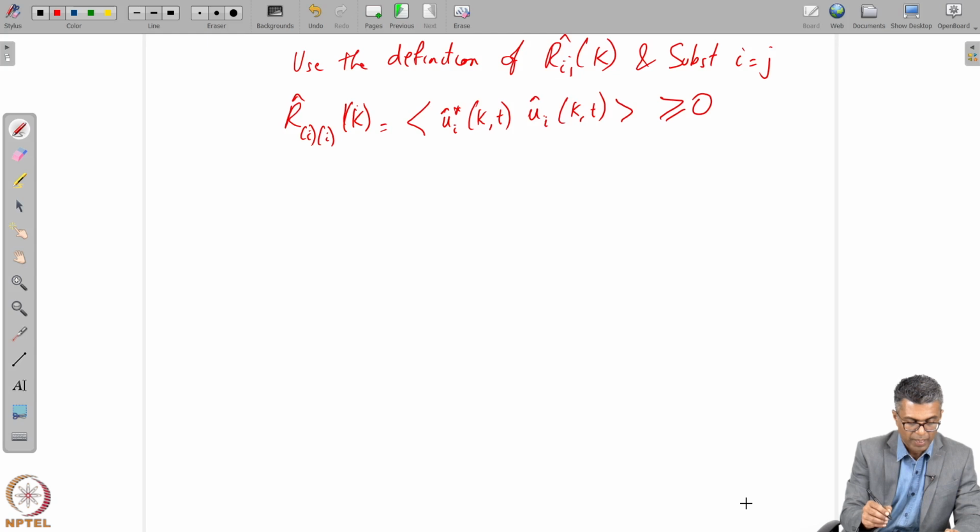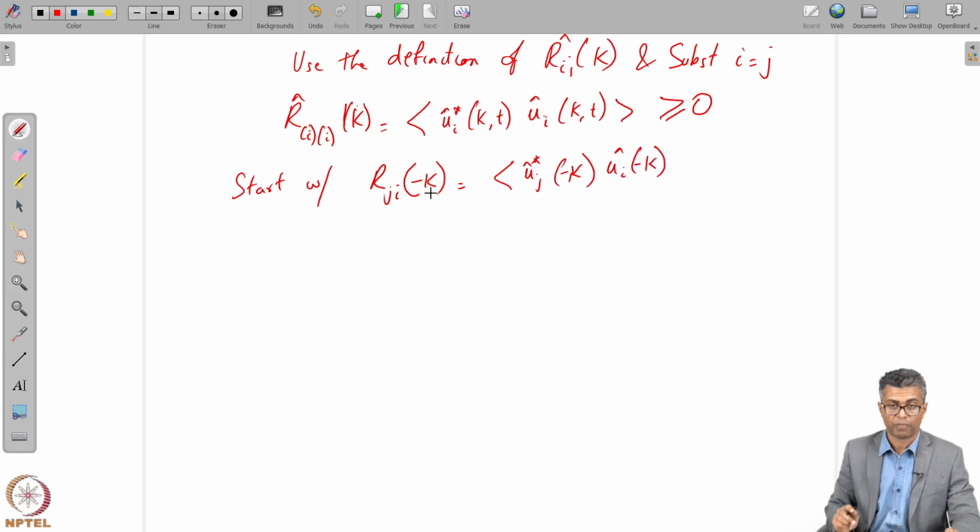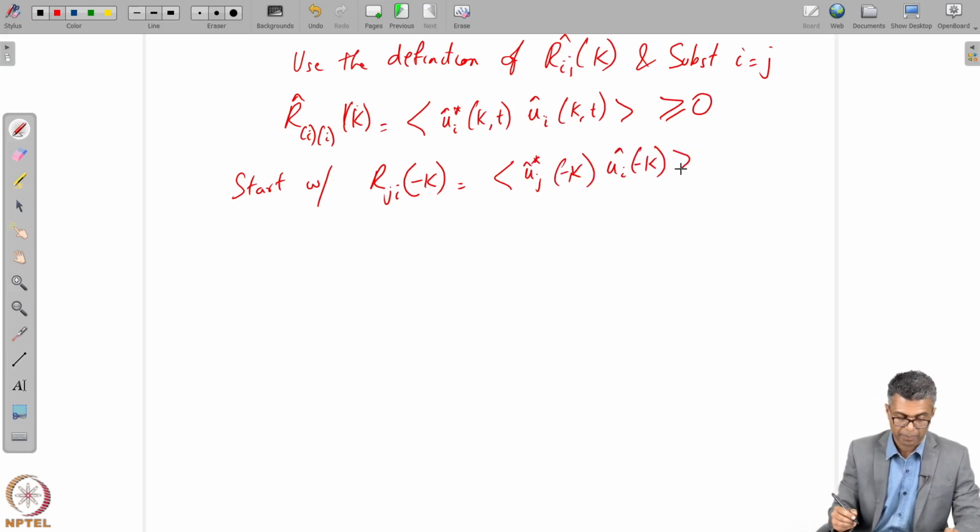Now, if I start with Rji of minus kappa, what do I have? Within the angle bracket, I'll have uj star, because it is Rji, u hat, right? Uj star of minus kappa, a function of t, of course, and ui hat of minus kappa, because it is a function of minus kappa, and close angle bracket.